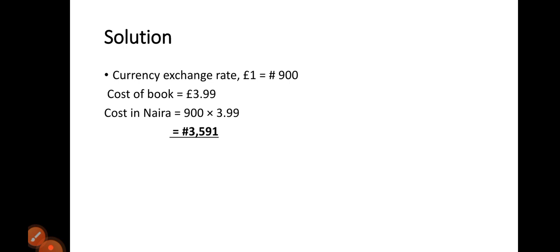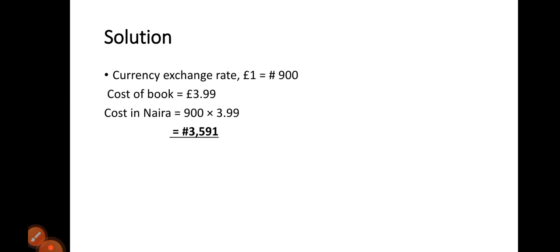They are asking what is the cost of the book in Nigerian naira? That means you will multiply 900 naira by 3.99, because £1 is 900, £2 is 1,800, £3 is 2,700. Then we add the 99 pence. That means 900 times 3.99.